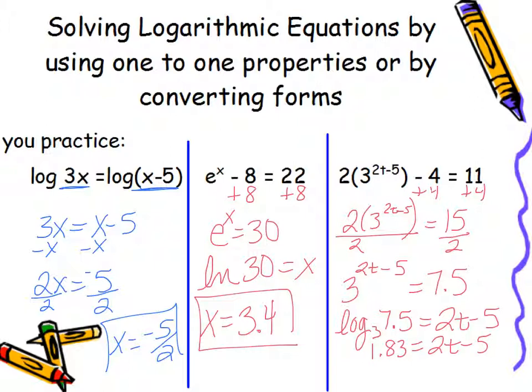All right, I'm kind of out of room there, but from that stage you should add your 5 to the other side, and then you should divide by the 2, and then you'll have the t by itself. And if I do that, I'm going to end up with an answer of 3.42. And so final answer, t should equal 3.42.